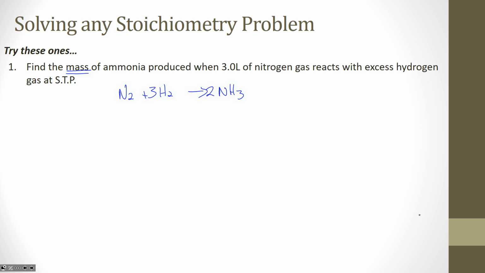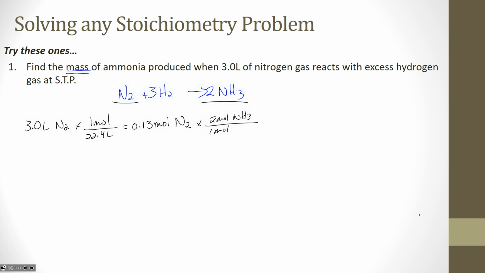So we have 3 liters of nitrogen gas. 1 mole, 22.4 liters, 0.13 moles of N2. And we're going to ammonia. So we're from here to here. So 2 moles of NH3 are made every time we use 1 mole of N2. So this will be 0.26 moles of NH3.